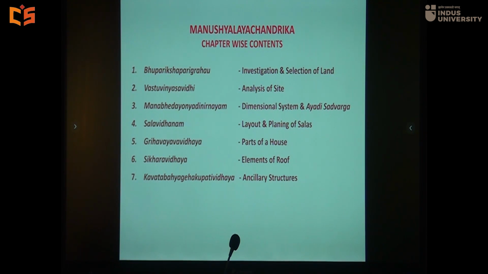They cover Bhuparisha, investigation of land; Vastu Vinyasa Vidhi, analysis of the site; Mana Bheda Yoni Nirnayam, the dimensional system; Shala Vithanam, layout and planning of salas; Grahavayava Vithanam, the different elements of the building; and lastly, Kavada, the many secondary elements, the ancillary structures connected with the building.